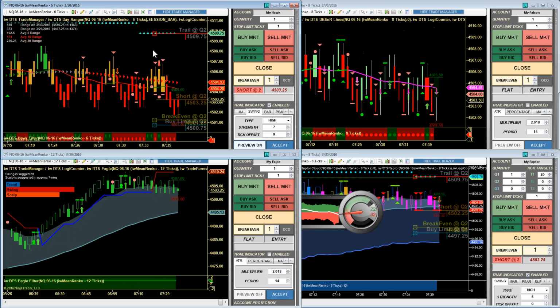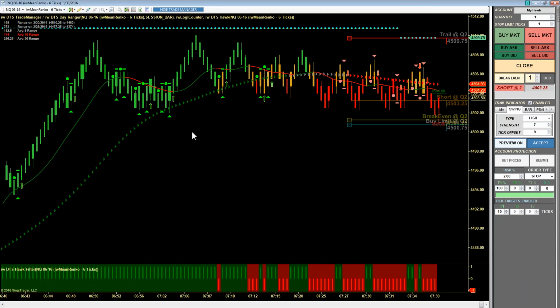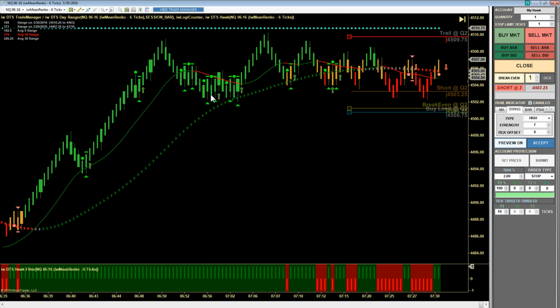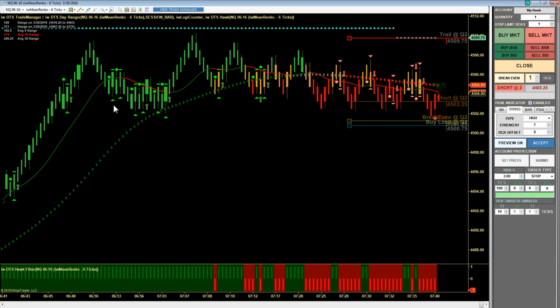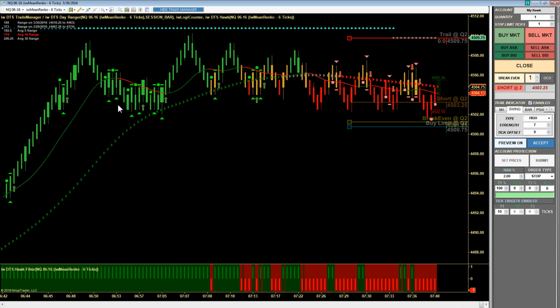Here on the Hawk, prices are going down and the bars are green. Part of the programming of each of the tools will paint the bar color based on what is going on in the market. So even though the market is heading down, the Hawk scalper says that the market still has a bullish bias to it.